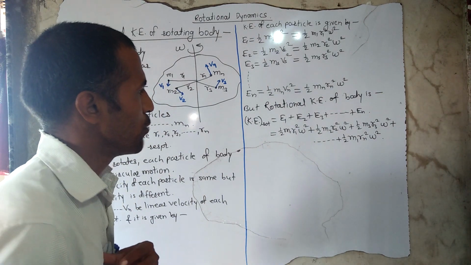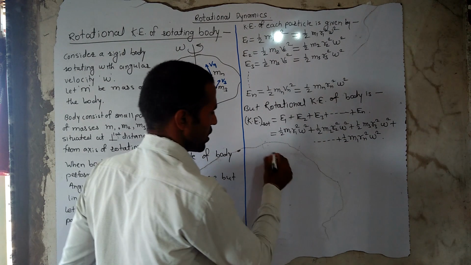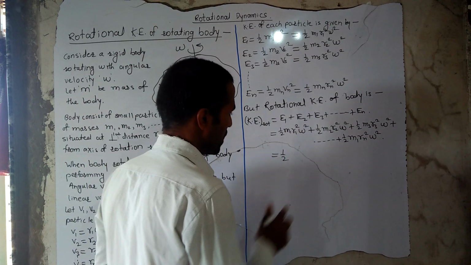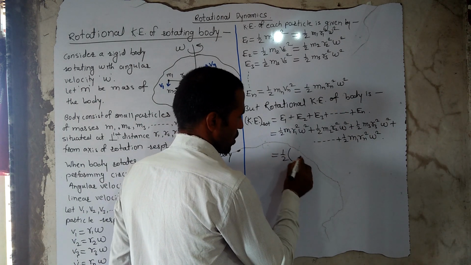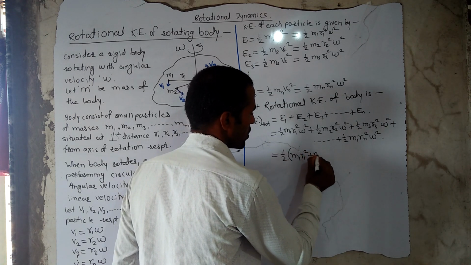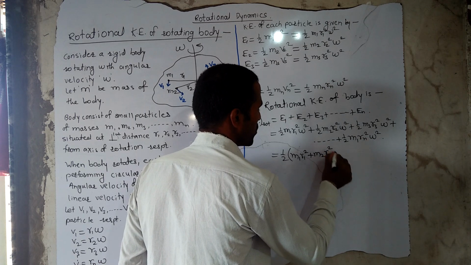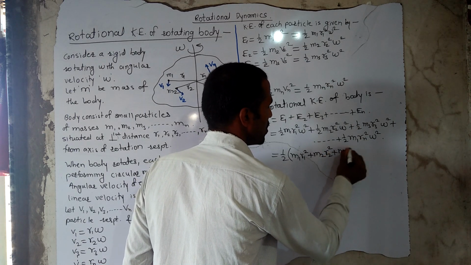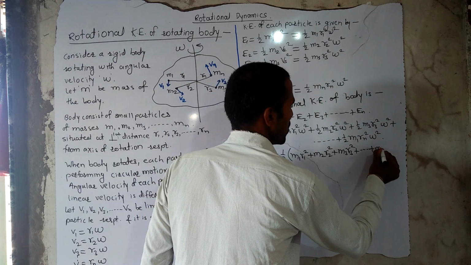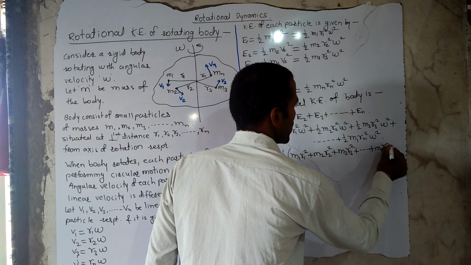Okay, we can take half and omega square as common, so we get m1 r1 square plus m2 r2 square plus m3 r3 square plus mn rn square.